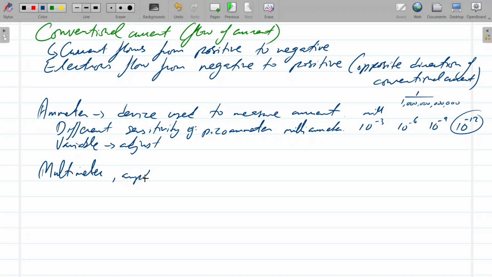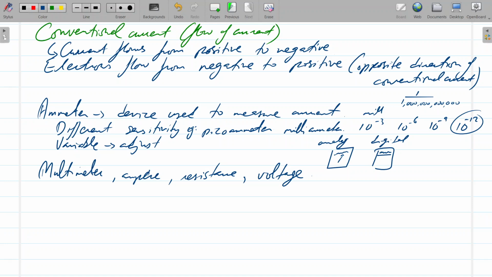It is able to detect the ampere, the resistance, giving you a value for resistance, and the voltage, for example, right? And they can be analog or digital. So they can be the ones where they've got numbers and there's a needle pointing to it, or one where they've got a display giving numbers. Any questions about that?